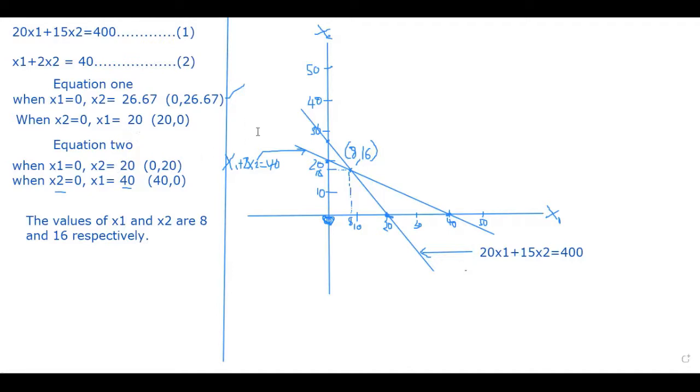Then you plot it on the graph. You draw a straight line for equation 1 and a straight line for equation 2 using the coordinates that you yourself formulated. This is the correct way. After that, you check their intersection where they meet. You trace it to the x1 axis and to the x2 axis. Those points become your values for x1 and x2.